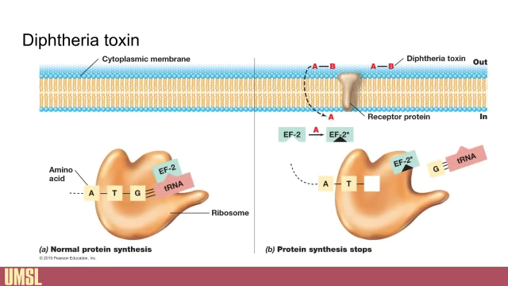So what happens then is that when a sufficiently large amount of elongation factor 2 has been ADP-ribosylated, protein synthesis stops, because all of the elongation factor 2 that's been produced by these cells is inactivated. And you might say, well, how does this happen with such a small amount of toxin?